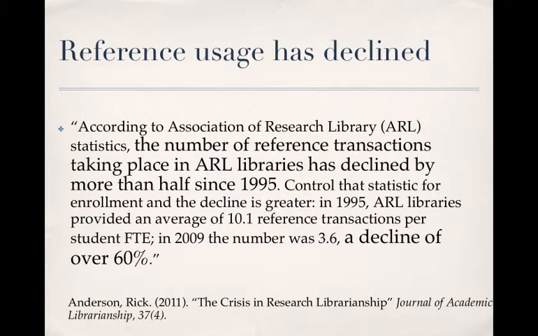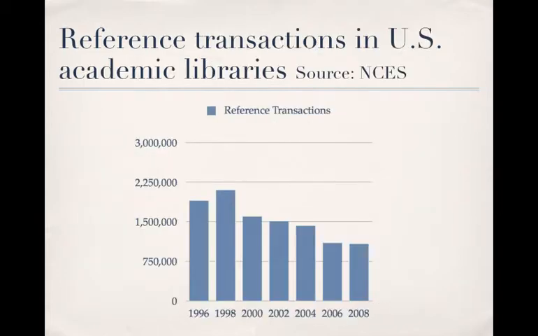And I think ARLs have seen the most dramatic decline, but it's certainly affected other academic libraries as well. As you can see here, these are NCES statistics, and I could only get up to 2008. I couldn't find anything newer, but looking at 1996, 1998 to 2008, there's a significant decline.